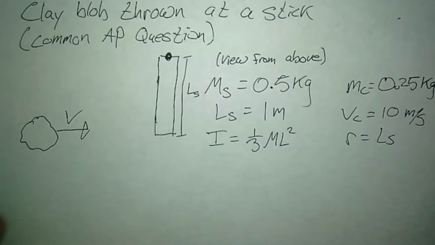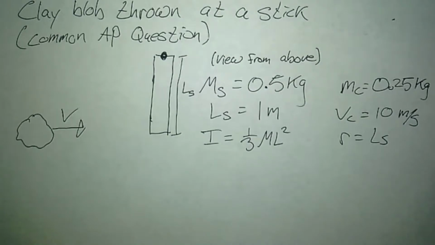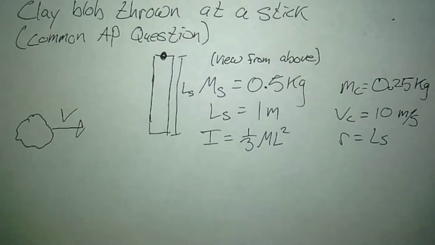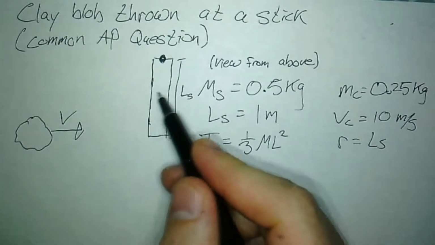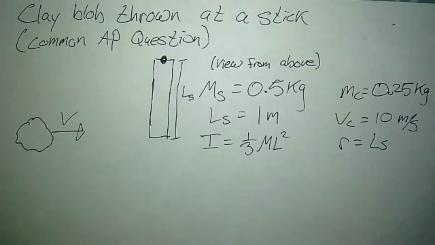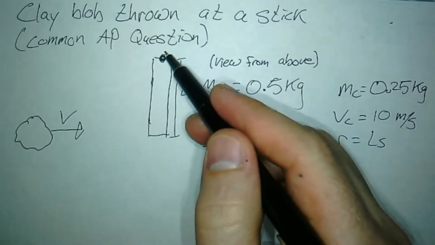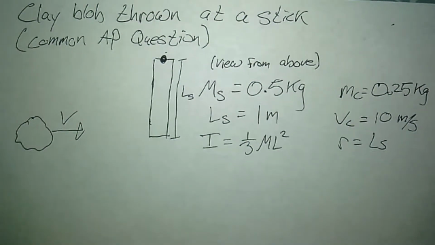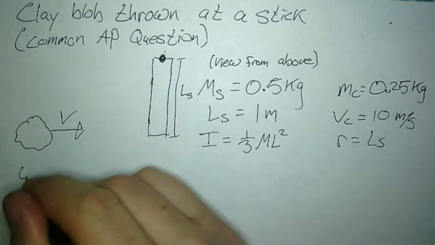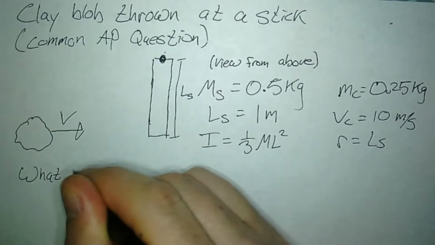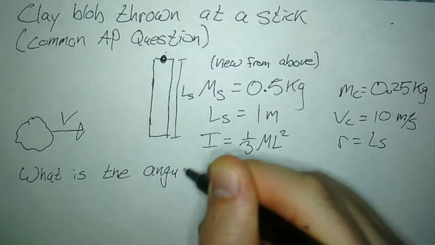The question we want to know is the angular velocity of the stick. We don't have to worry about linear velocity because it's fixed at a pivot point, so everything's angular. Its center of mass moves in a circle around the pivot point, not down a line. So the question is, what is the angular velocity after the collision?